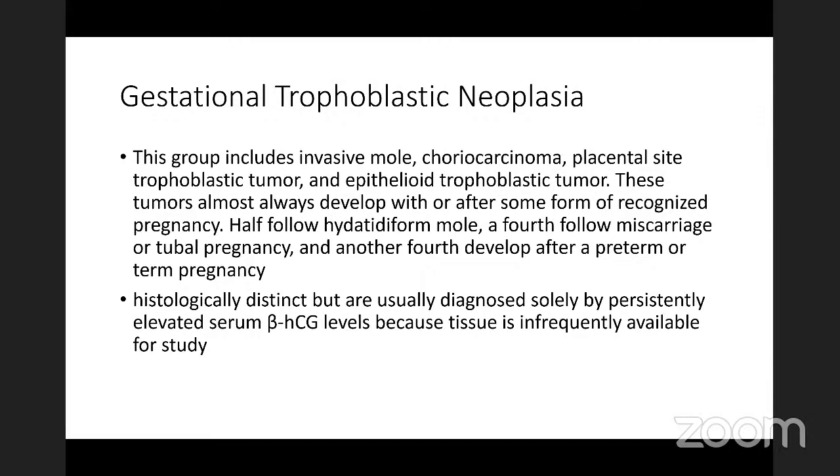These tumors almost always develop with or after some form of recognized pregnancy. Half would follow hydatidiform mole or tubal pregnancy, and another fourth will develop after a preterm or term pregnancy. These are histologically distinct but are diagnosed by persistently elevated serum beta HCG because tissue is infrequently available for study.